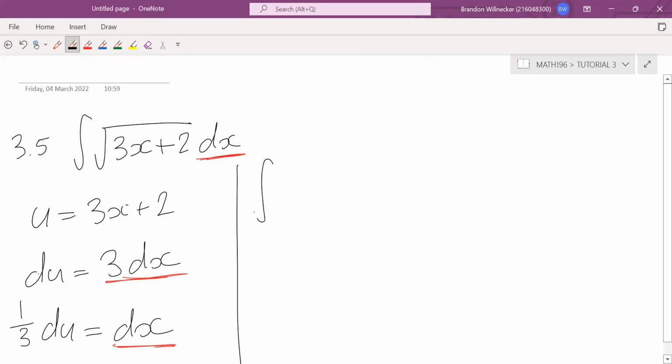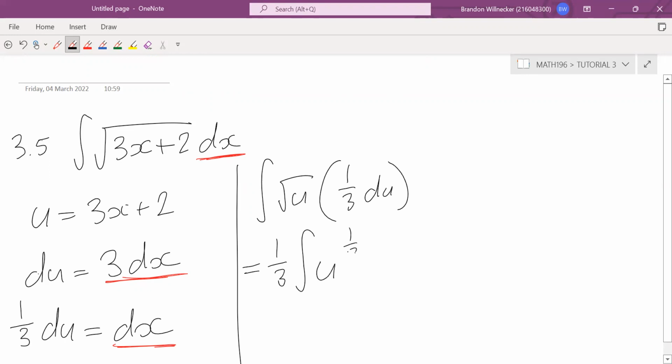So this becomes the integral of 3x plus 2 is replaced with u. So this becomes root u. dx is replaced with 1/3 du. Okay, good. So now we can take the 1/3 out. Integral root u can be replaced with u to the 1/2 du.